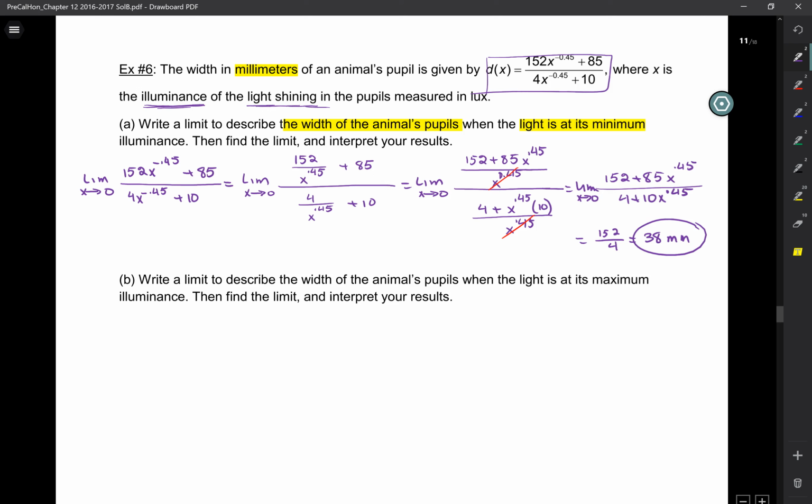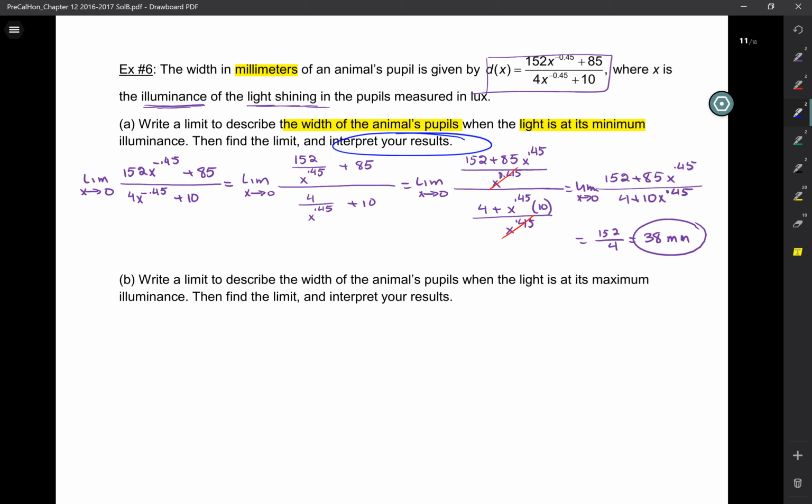Now, that's all fine, but look at what this says. Find the limit and interpret your results. So can we now, in an English sentence, explain in words what this means? Because in calculus, that's all it's about.